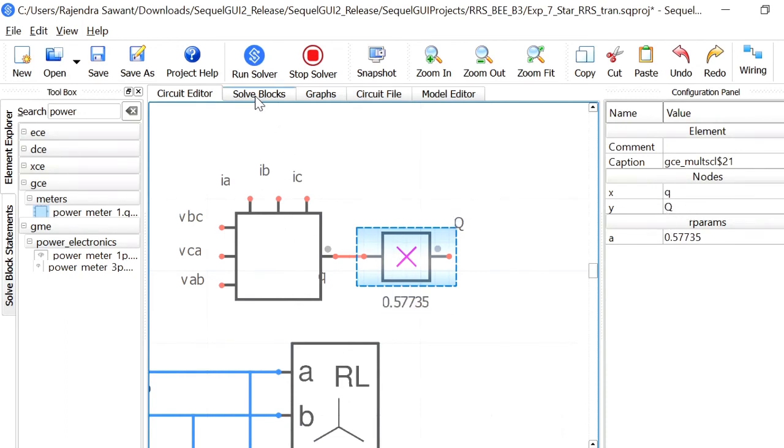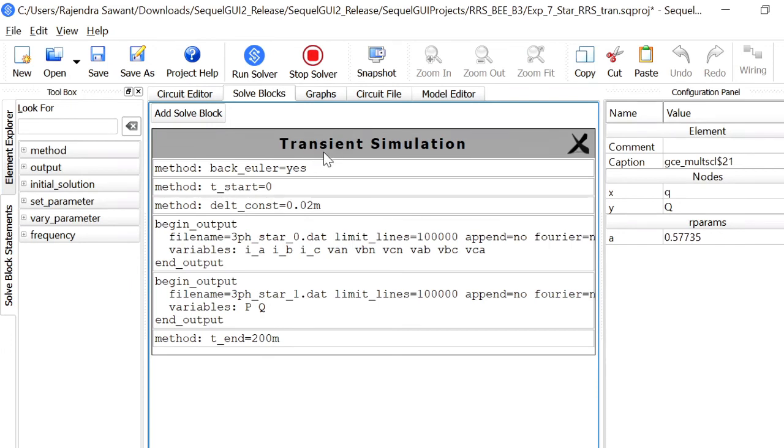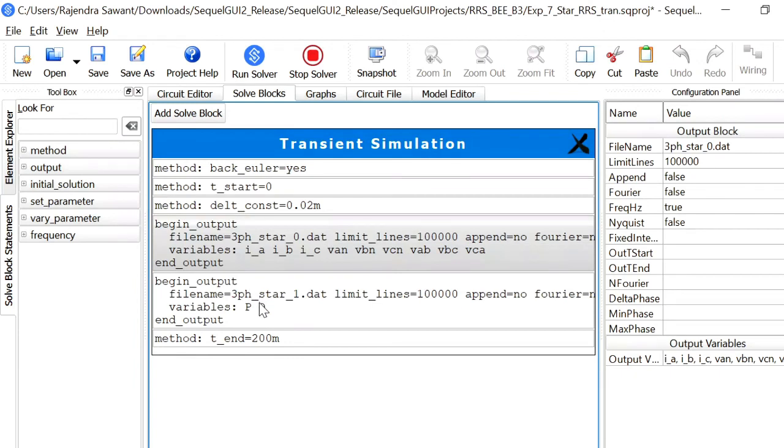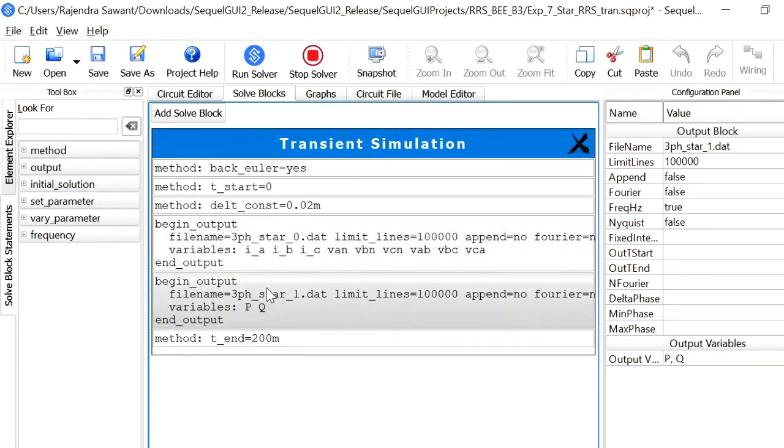Now let us work out this simulation. Transient simulation is being carried out where the backward Euler method is chosen. Start value is 0, end value of the time is 200 milliseconds. So we are simulating this circuit for 10 cycles of the utility voltage waveform. Here we have selected two output files.